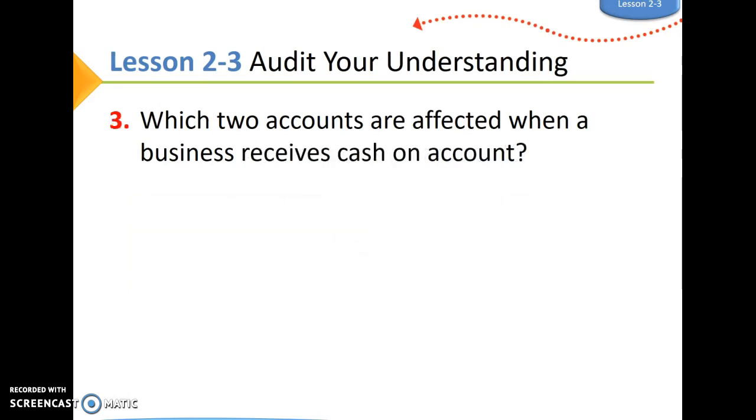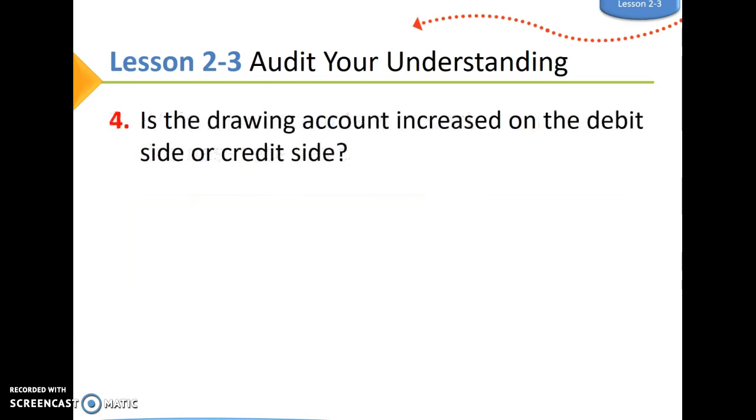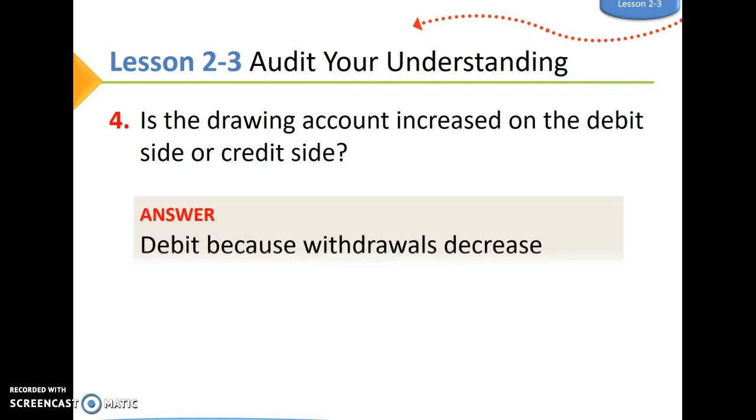Which two accounts are affected when a business receives cash on account? Cash and accounts receivable, both of which are assets. Is the drawing account increased on the debit side or the credit side? Good question. What category does it fall into? It's an owner's equity, but is a drawing increasing my owner's equity or is it decreasing my owner's equity?